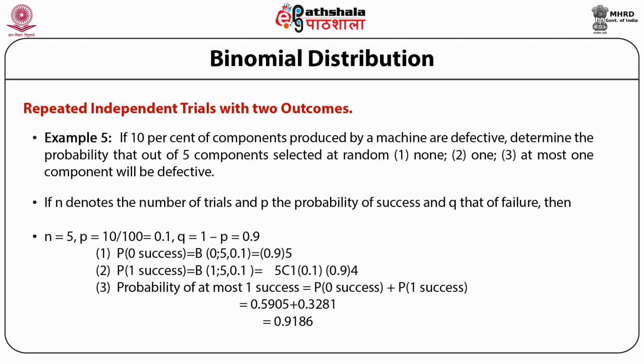And to calculate the probability of at the most one success, we will solve the probability that no success is got plus the probability that one success is got, and then we sum up both probabilities and have the answer.